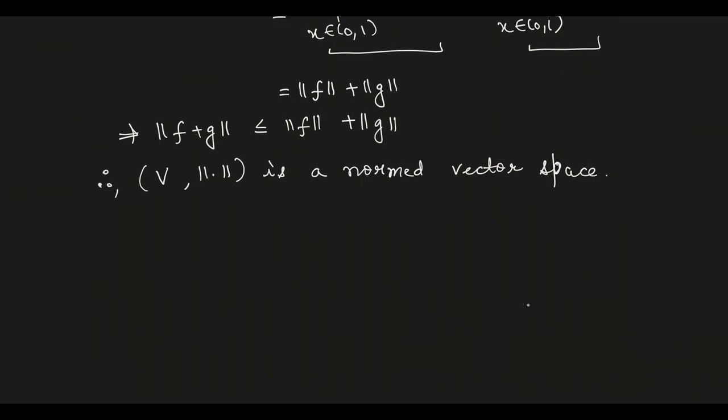Next example. V equal to M 2 cross 2 over real.